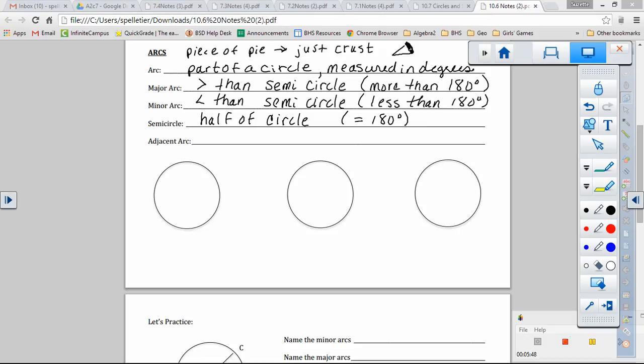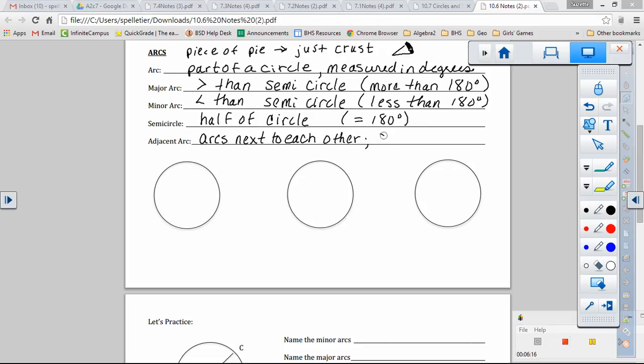Adjacent arcs are arcs of the same circle sharing one point. These are arcs just like adjacent angles that are next to each other. So arcs next to each other, and there's some things about them.